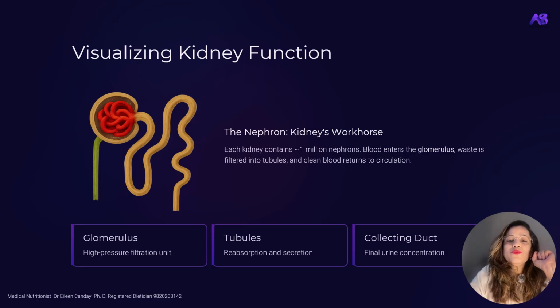Now, let's walk through the basic processes. The glomerulus is where the kidney actually does the heavy lifting. High pressure forces water and waste molecules out of the blood, like a selective sieve. In the tubules, the kidney gets very smart.